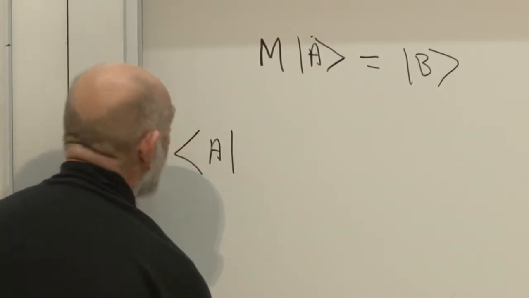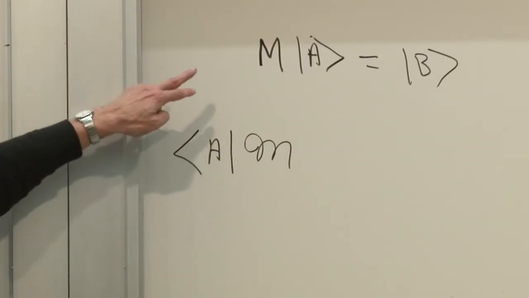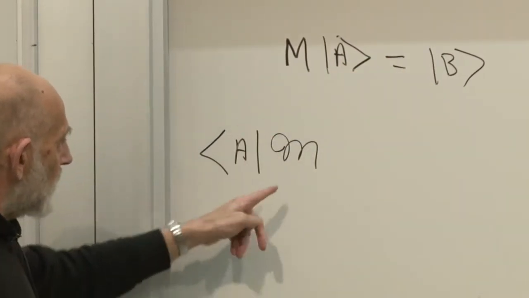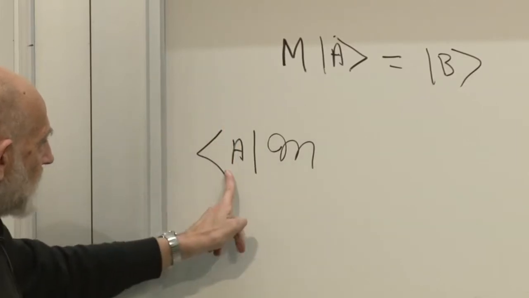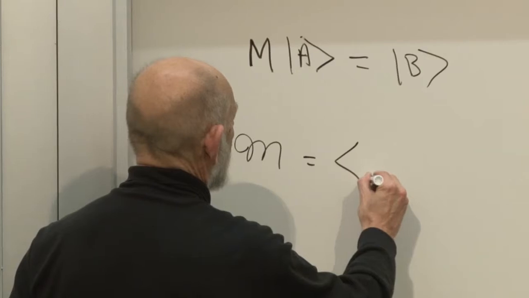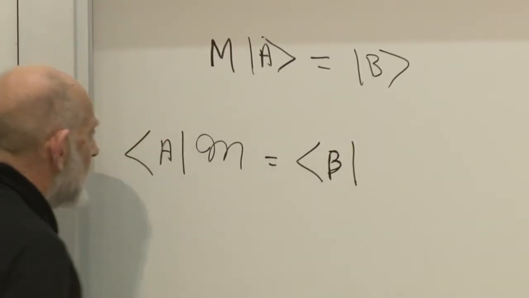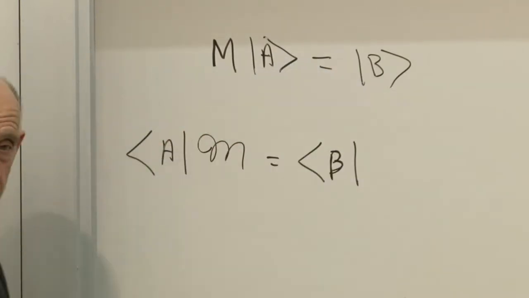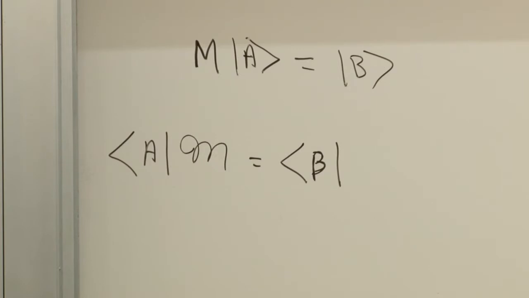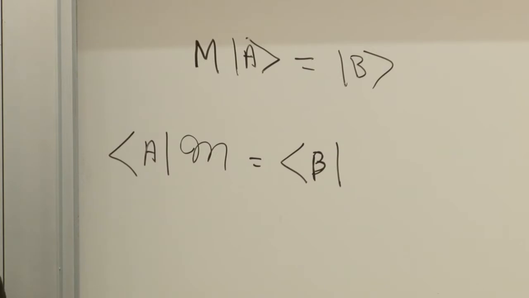It's not M. Let's call it scripty M. Is there, for every M which acts on A to give B, a corresponding scripty M which acts on the corresponding bra vector B to give the corresponding bra vector over here? Well, yes, there is, and we're going to figure out how to figure out what it is soon enough, but it is not the original M.